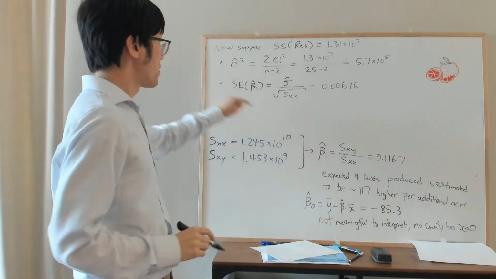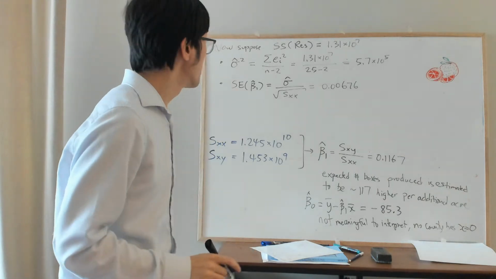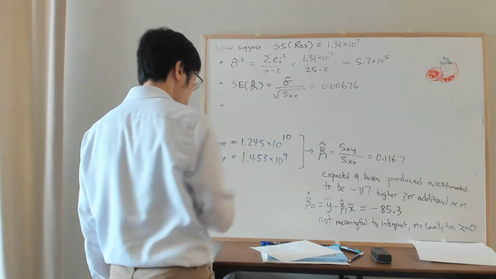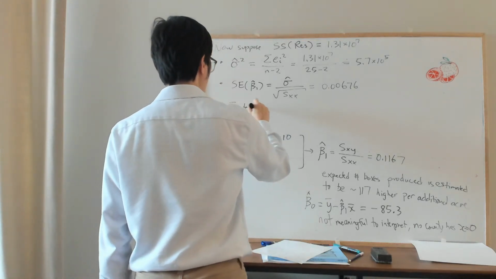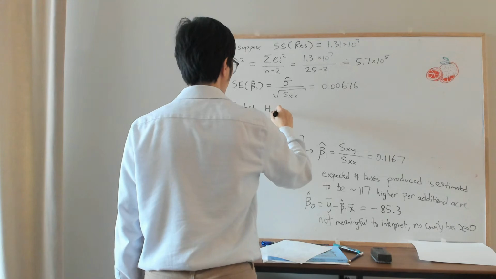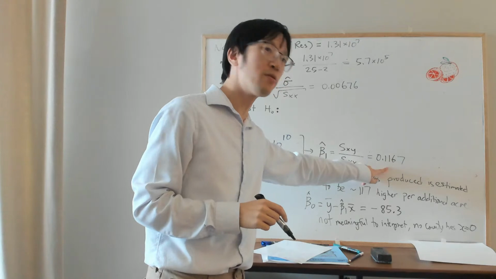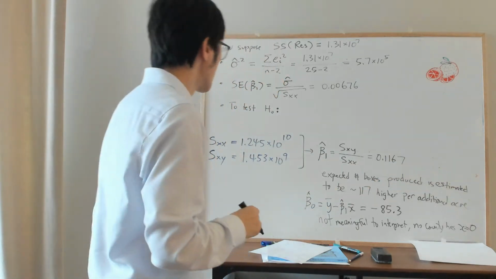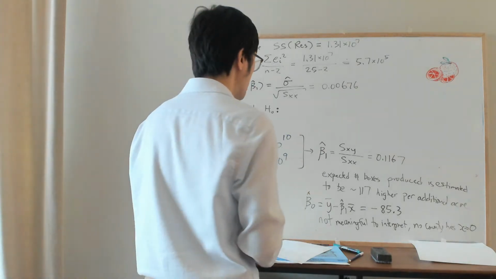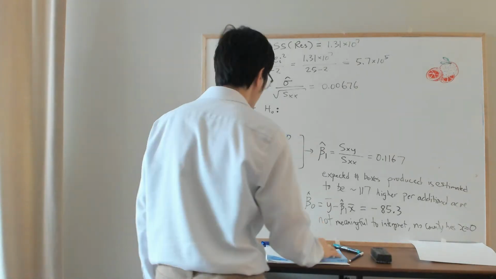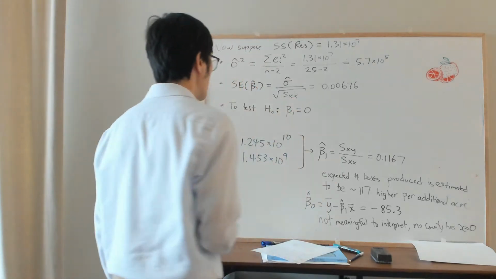Okay, so once we have beta 1's estimate and its standard error, the next thing we can compute is the t-statistic. So suppose we want to test the hypothesis of whether this slope is statistically significant. Okay, so whether it is significantly different from 0, indicating that there is a significant linear relationship between x and y. So we test the hypothesis of this slope being 0.